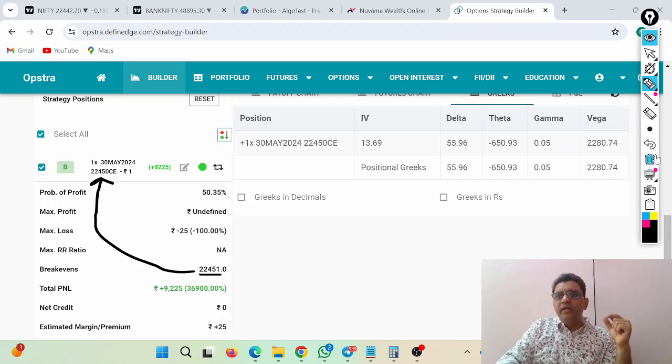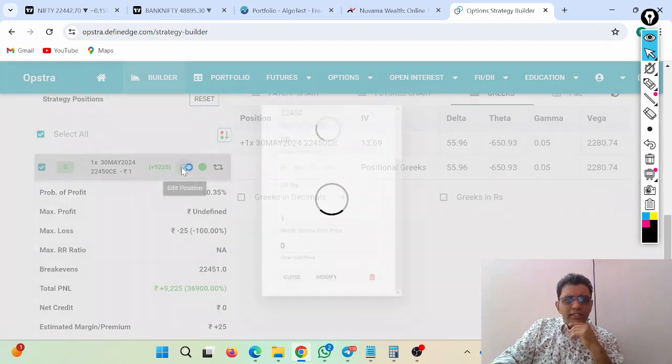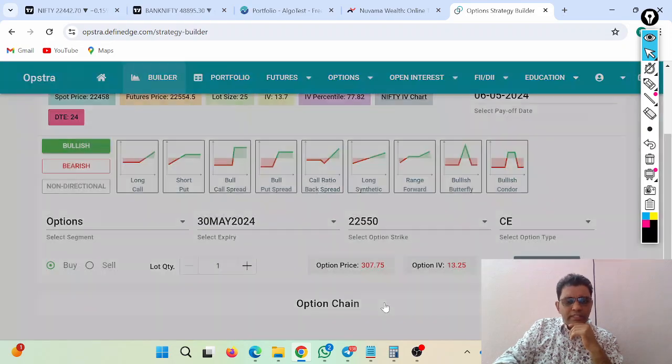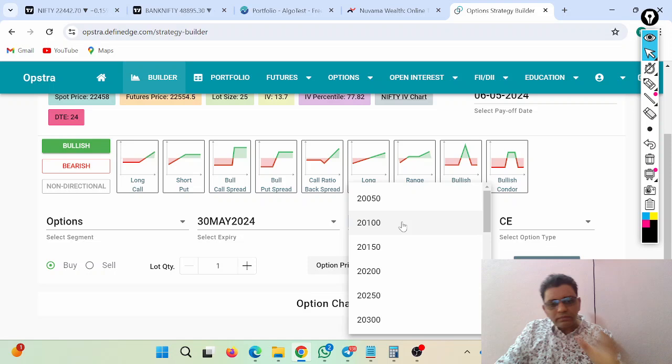The reason being, earlier the difference between probability of profit and delta was because I had paid some amount to buy that particular option. On the other hand, let's go to another example so that this concept will fit in your mind.